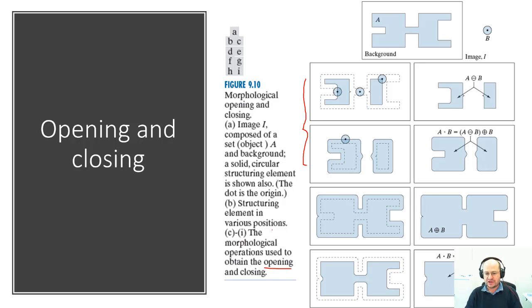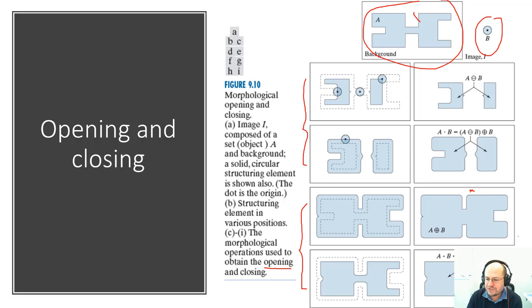If we do closing, it is represented in these two lines here. So for closing, first I dilate the original image using the structuring element coming from this image here, and the result of dilating that will be this image here. And then from this image I erode it with the same structuring element, and the result is this.